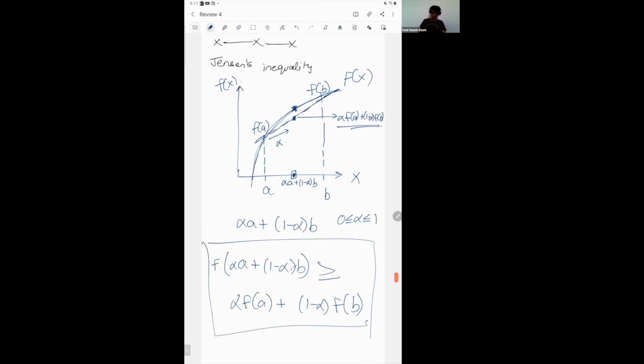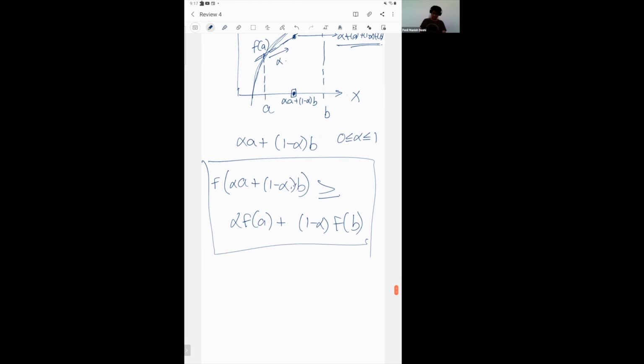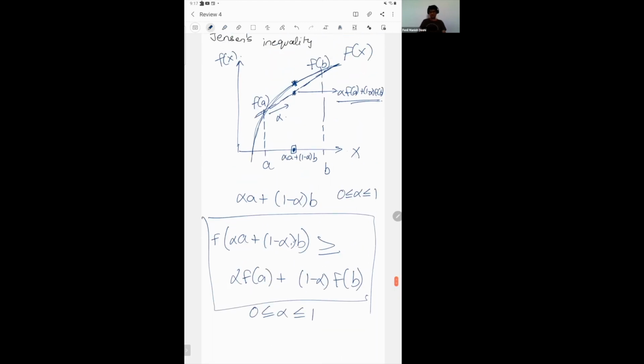So if f is a concave function, this always holds, with alpha between 0 and 1. This is Jensen's inequality, but it can be more generalized.